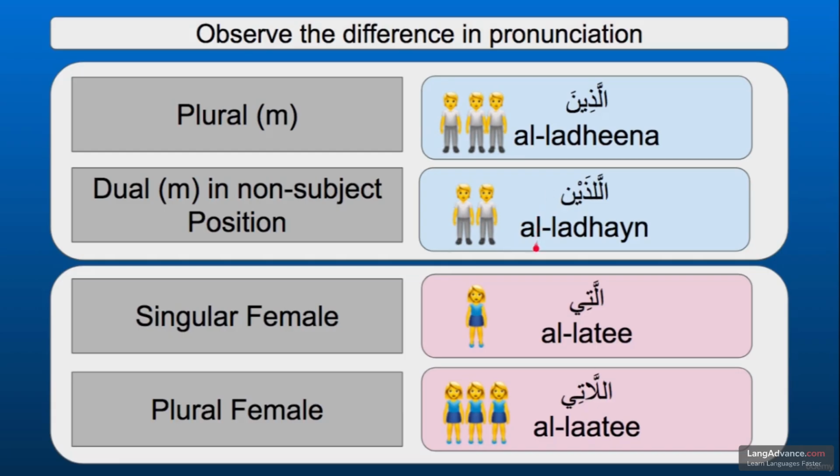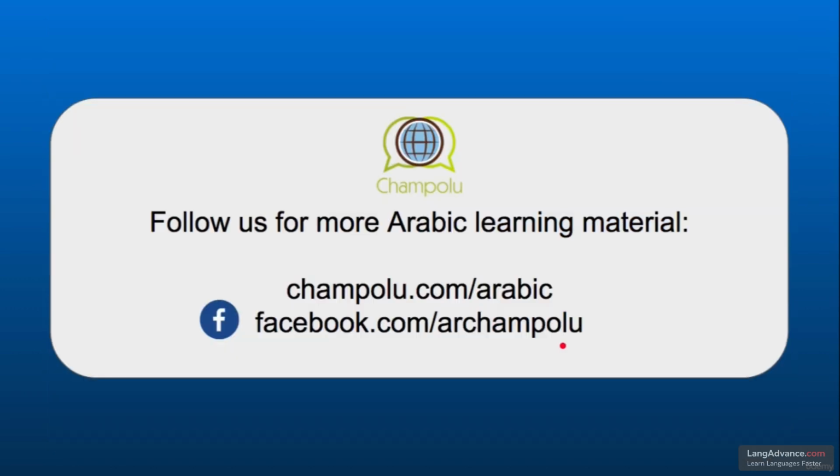And you find التي, which is the singular female. And then we have اللاتي, which is for plural female. So we have covered the main things that we need to learn about relative pronouns in Arabic.